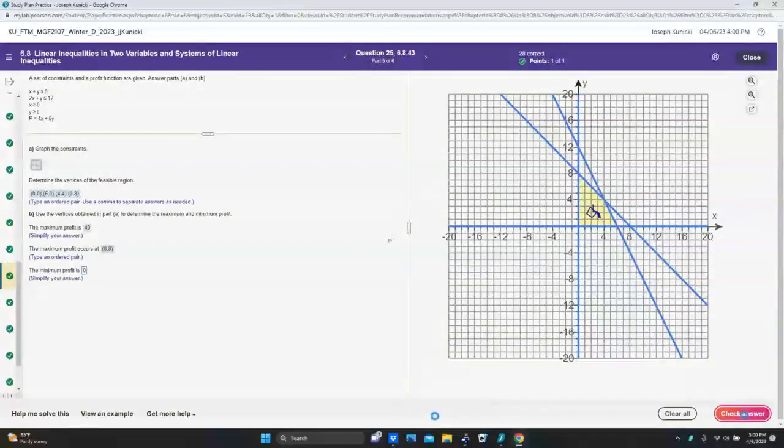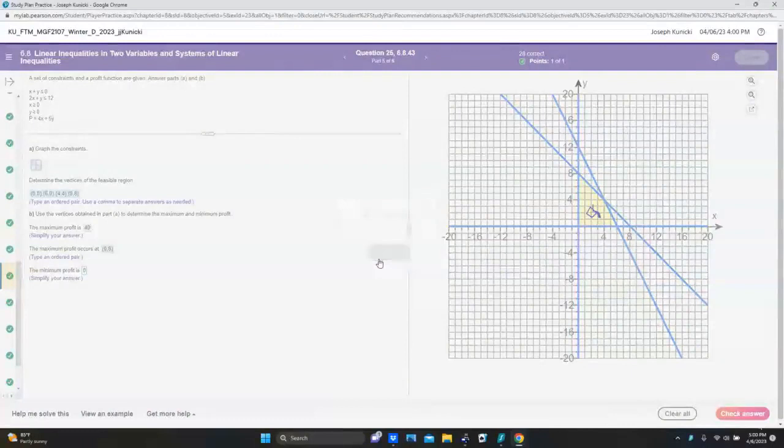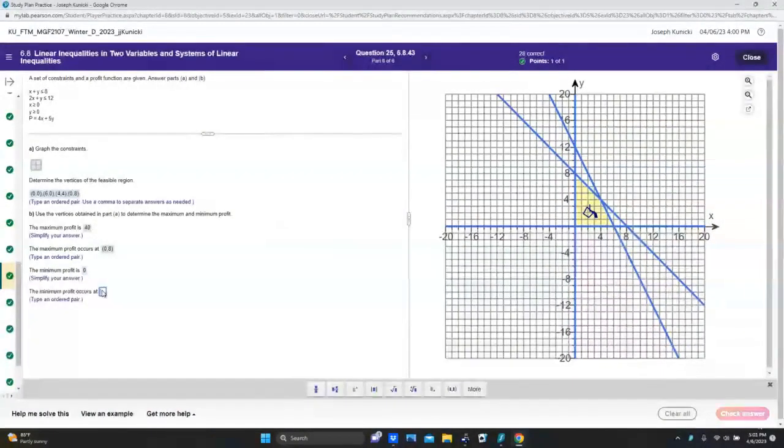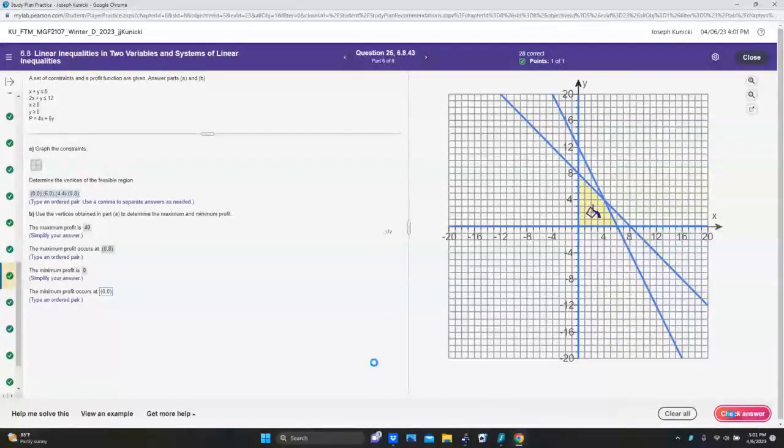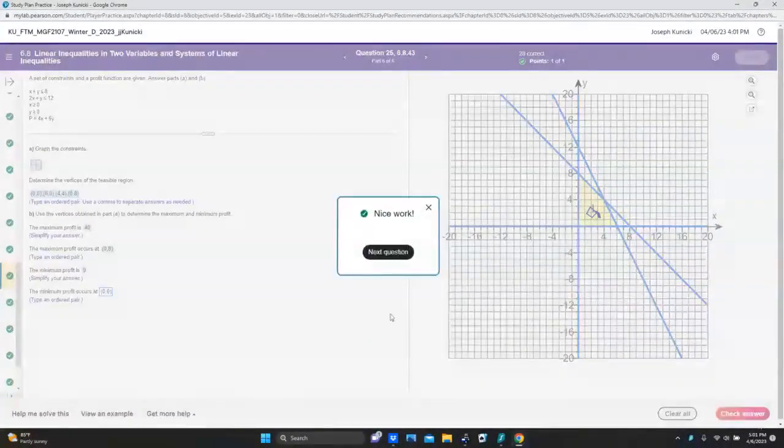It's kind of a giveaway. You don't want to miss these. Pretty simple when the origin's involved. It's not always the case, but for some of these, they include the origin. Pro forma, I'm not sure why. And that minimum occurs at the origin once again. All right, so 0, 0. Don't forget the parentheses, ordered pair.